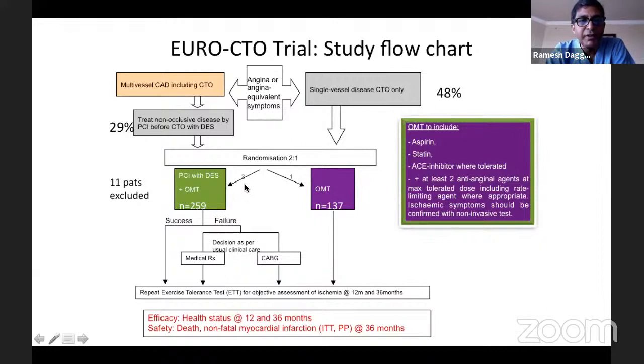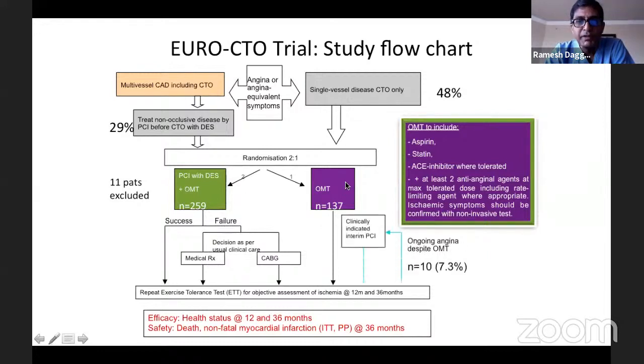And for every 2 patients that were enrolled into PCI, 1 patient was enrolled into optimal medical therapy. And if the CTO PCI is a success, that's good. Repeat the exercise tolerance test and objective assessment of ischemia at 12 months and 36 months. If they failed, consider medical therapy or bypass surgery.